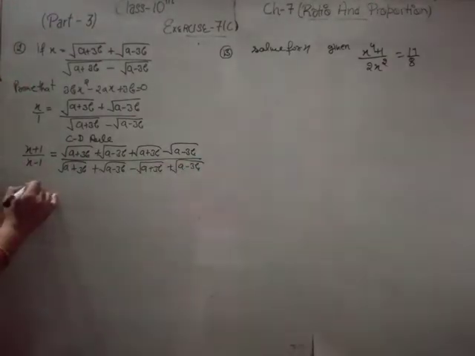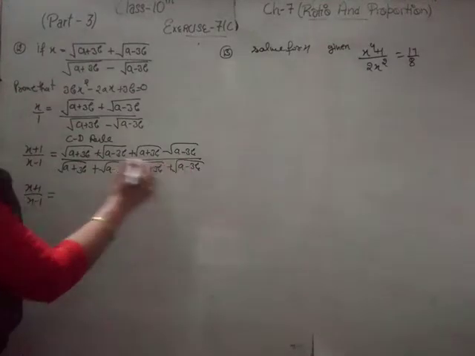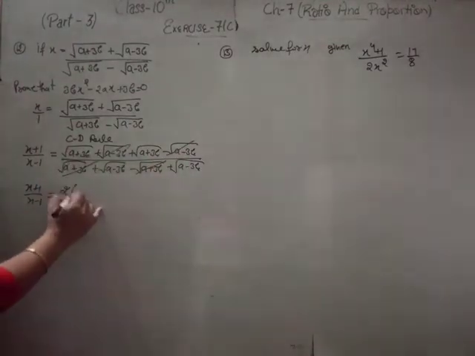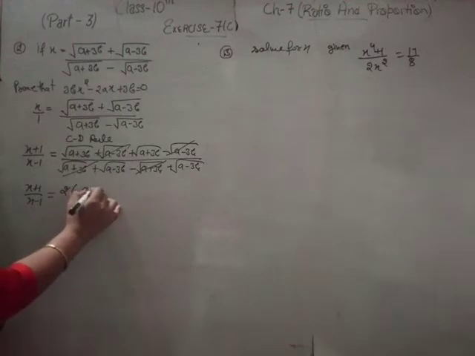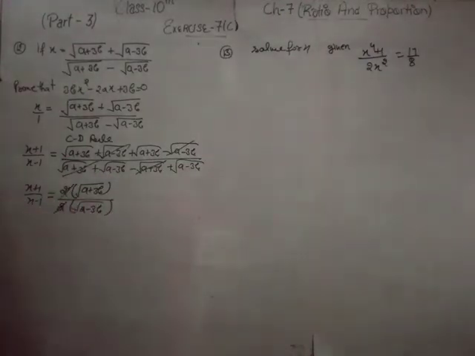Okay, then (x+1)/(x−1) equals: the √(a−3b) terms cancel, then 2 times √(a+3b) divided by 2 times √(a−3b). 2 by 2 cancel out.